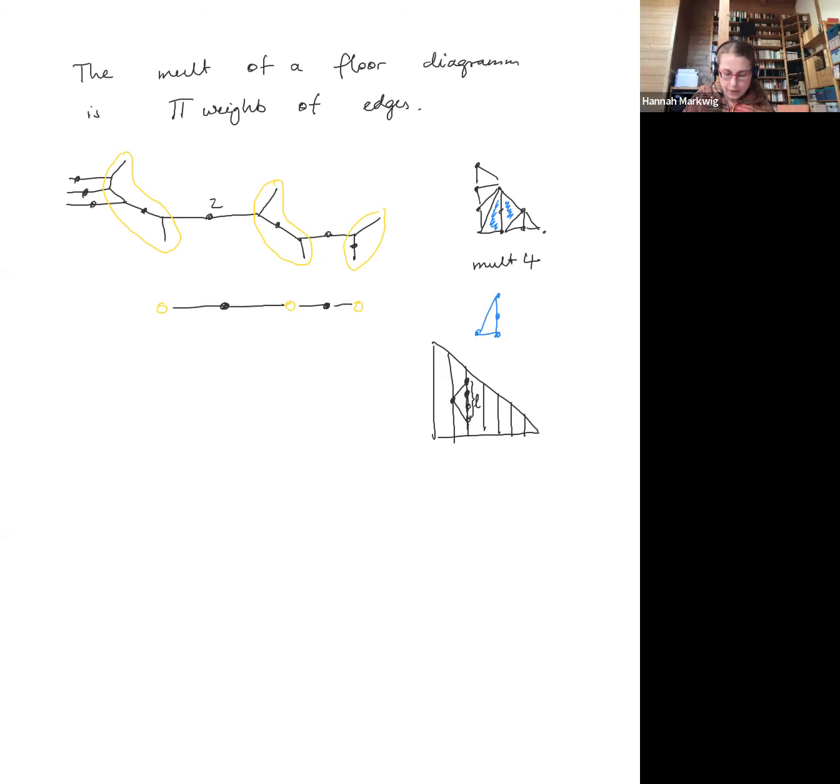This one elevator edge of our tropical curve gets cut into two edges of my floor diagram, right? And when we say the product of the weight of the edges, then here we obtain a 2 times 2, which is 4. So far that's good, right?